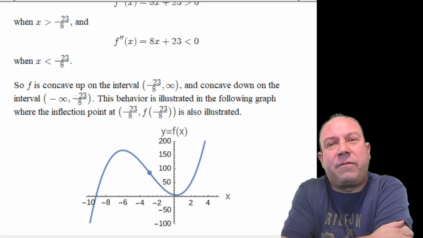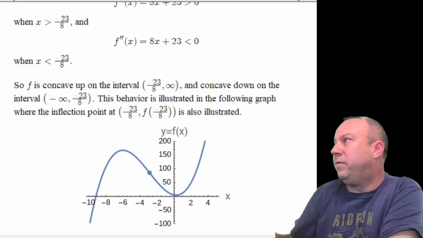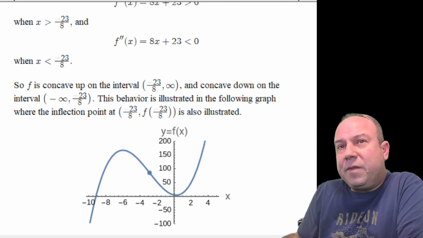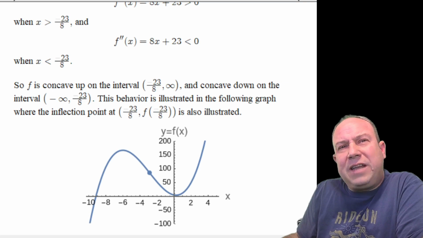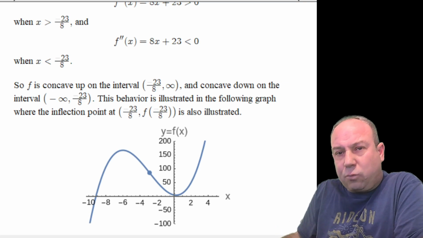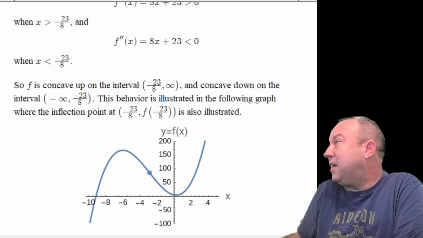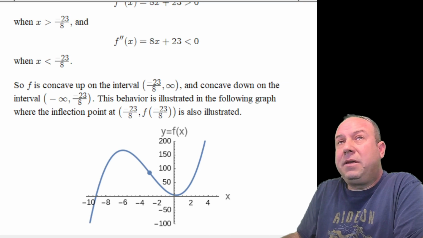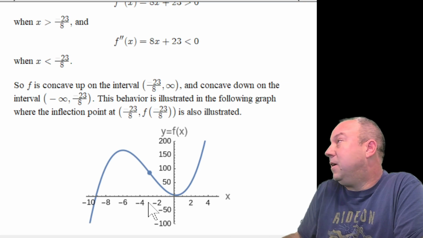So here's a graph of this polynomial function here, folks. And we can see that negative 23/8 is a little less than negative 3, which is where we're at on our graph right here. Let me highlight here, a little less than negative 3 down here in our graph is where we would expect x to equal this negative 23/8.